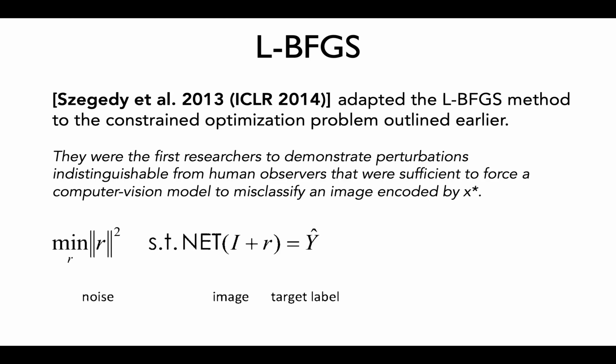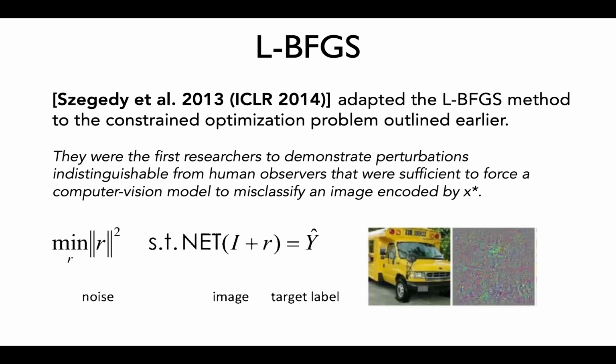They are interested in adding some perturbation, shown as R here. When that is added to the image and passed to the deep neural network, you want the image to be changed from its original label. While doing this, your objective is to minimize the 2 norm of the perturbation that you are adding. This was able to achieve success, but the method was computationally complex.